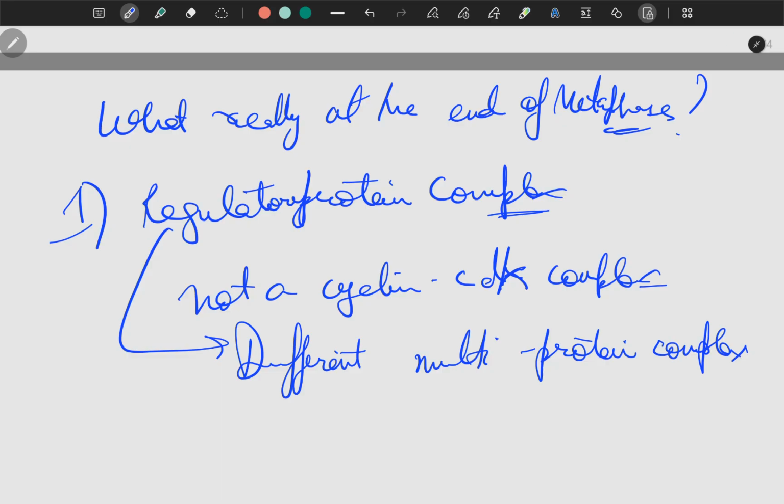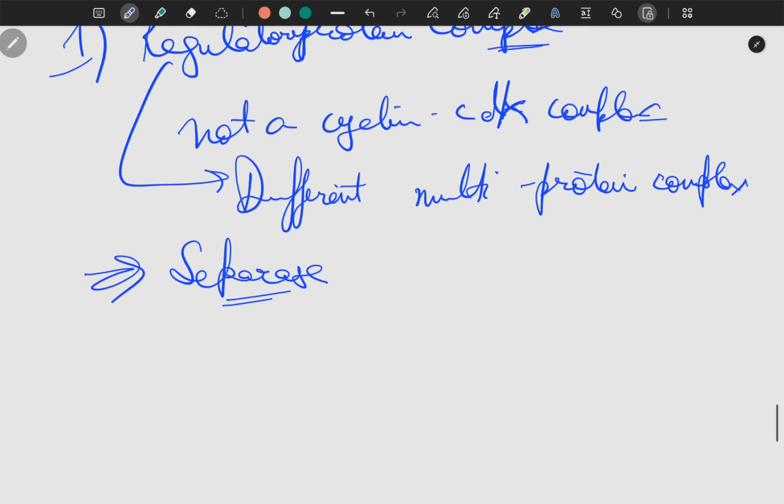What does this thing do? It activates an enzyme we studied, called separase. What does separase do? It cuts the cohesin proteins which hold the sister chromatids together.